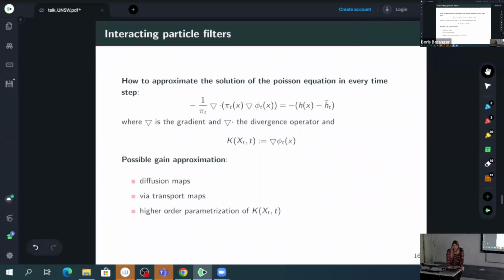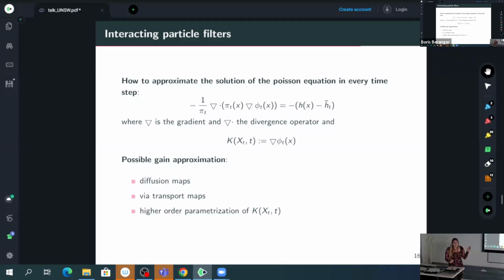Now, this was all for this assumption that the gain was a constant gain, which gets you into this approximate Gaussian setting. But of course, people in the community want to do more nowadays, because this Gaussian approximation has been around for many, many years.